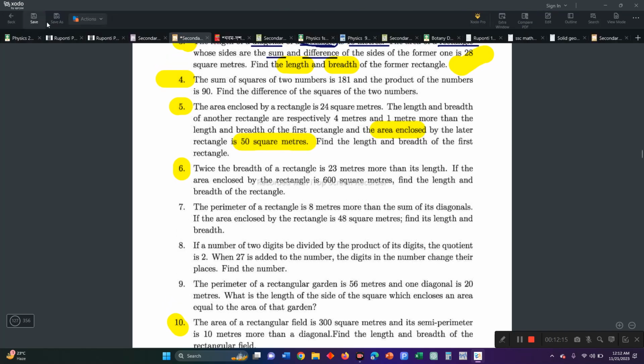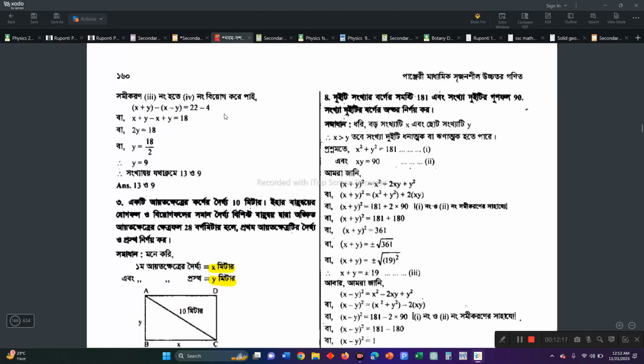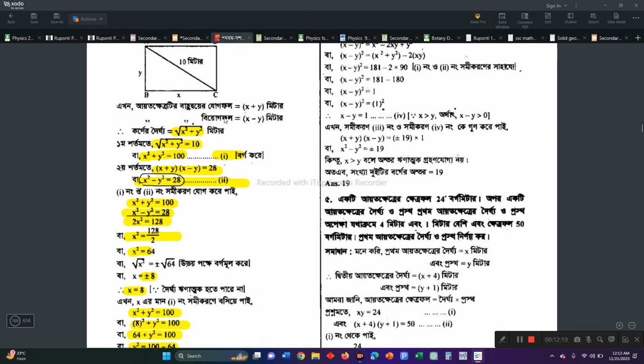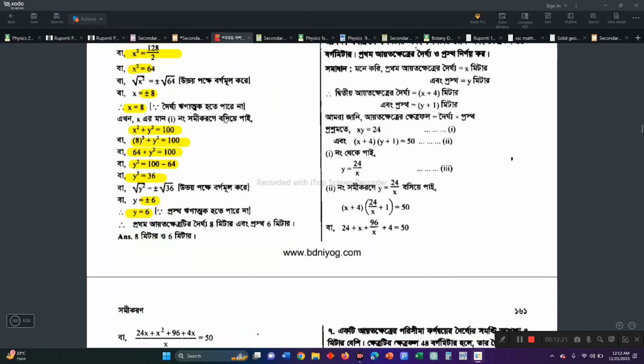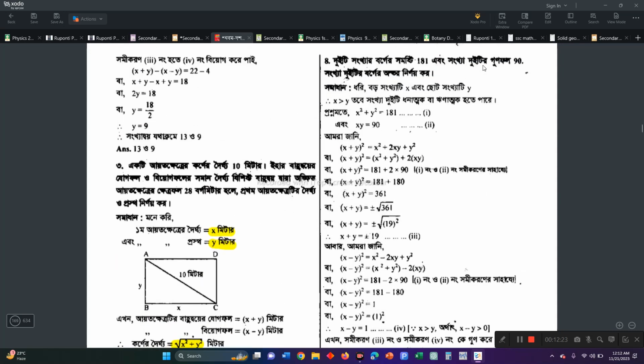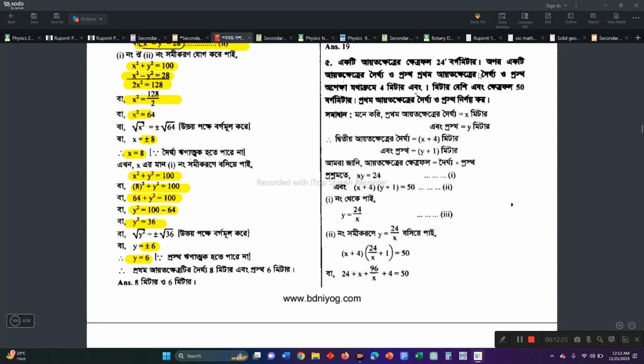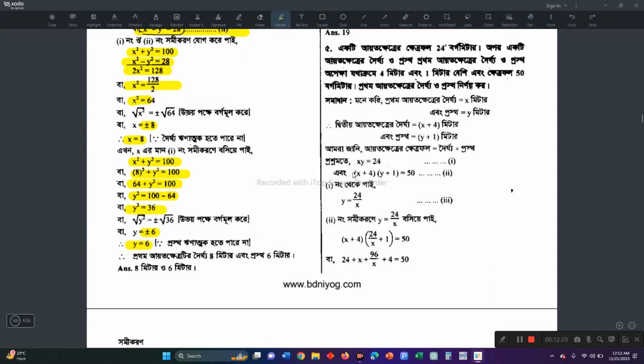So what we got from the second condition is x plus 4 into y plus 1 is equal to 50, and previously we got x into y is equal to 24.